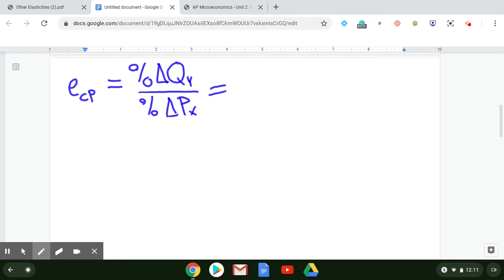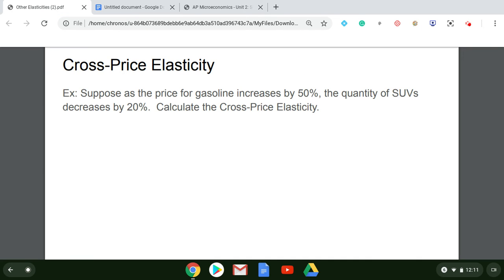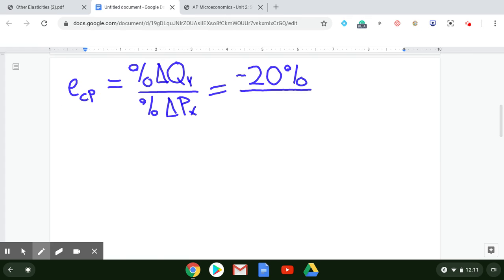And notice it decreases, so it's going to be negative. So negative 20% over the percent change in the price of gasoline, which is 50%.